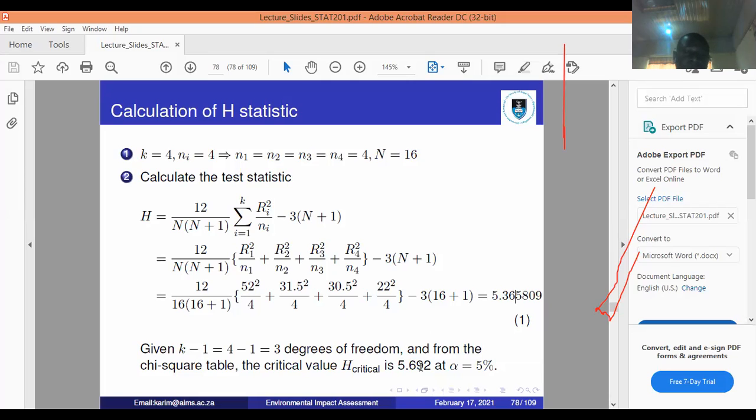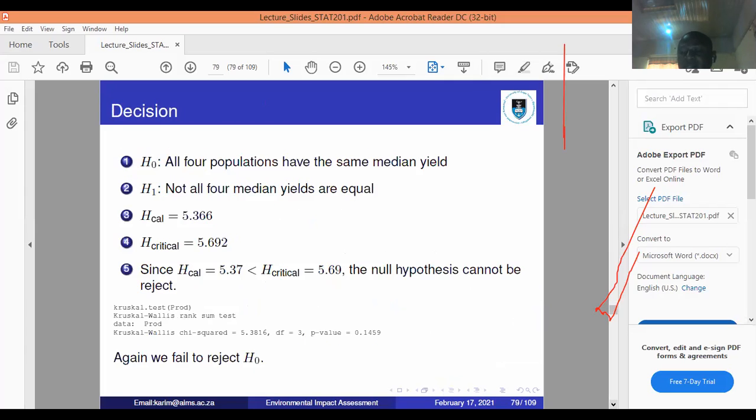We accept H0 in this situation because the calculated value is less than the critical value. Our null hypothesis says that all 4 populations have the same median yield. The alternative says that not all the 4 median yields are equal.